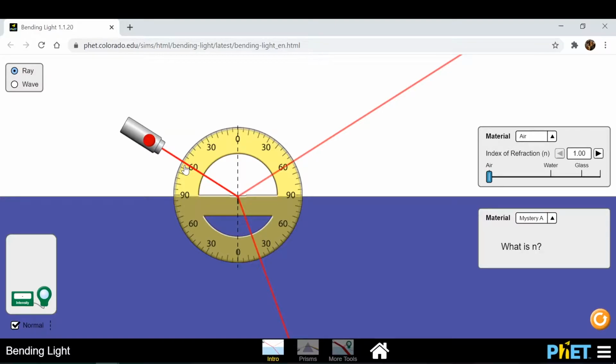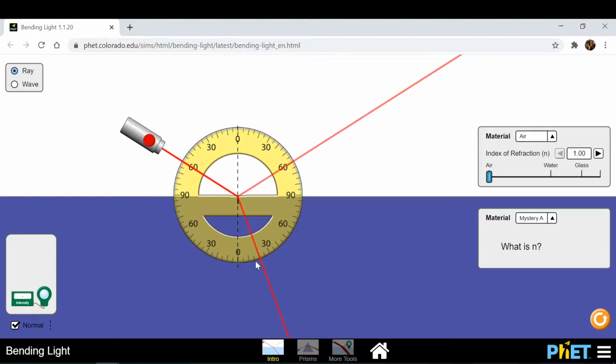So once you've looked at your incident angle and measured it on the protractor, then you can also measure your refracted angle. So that's the angle, again, from the normal into mystery medium A. And you're going to record your measurements for the incident and the refracted angle, as well as the index of refraction of the upper medium.